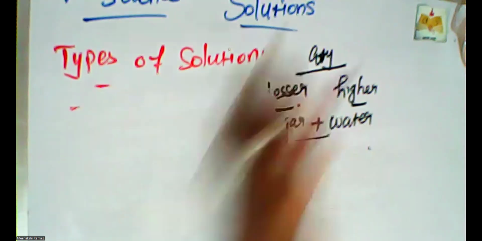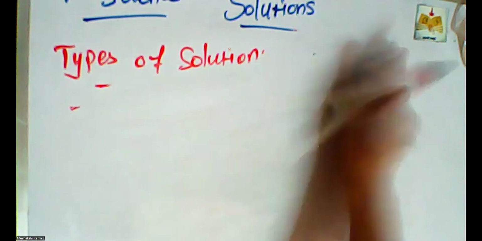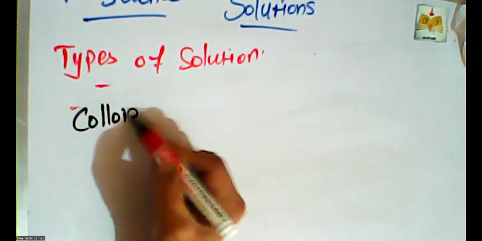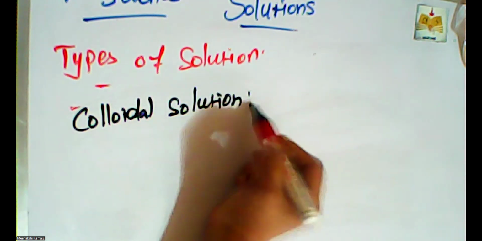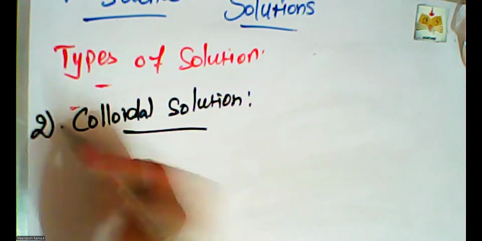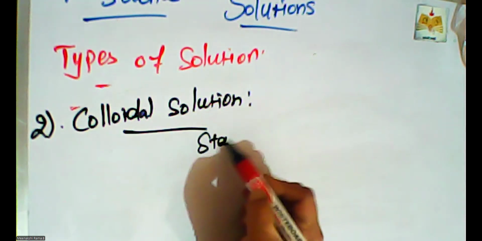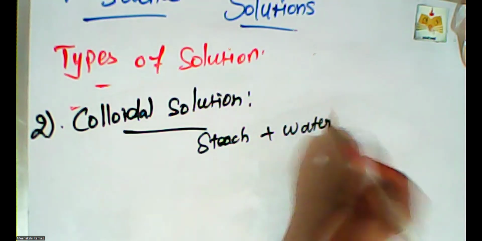And next one is colloidal solution. What is colloidal solution? Yes, the second category is the colloidal. So colloidal means I'm going to take starch, and the solvent is water.